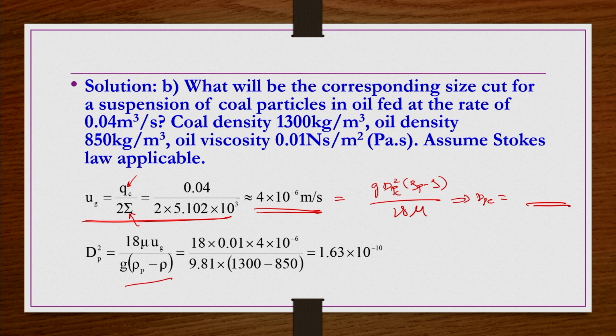Then you get dp square equals 1.63 into 10 power minus 10, and dp approximately 1.2767 into 10 power minus 5 meters, or approximately 12.7 microns. Okay. This way also we can do it. We are doing it this way because omega etc. information is not available.